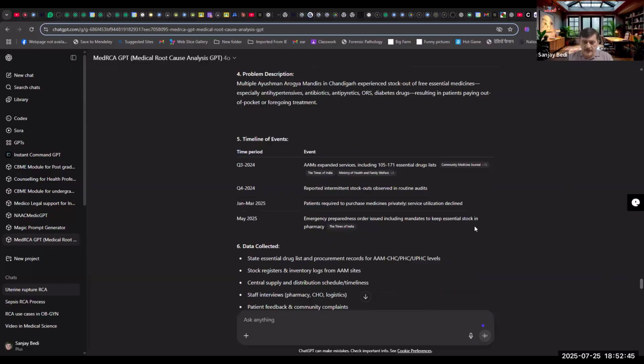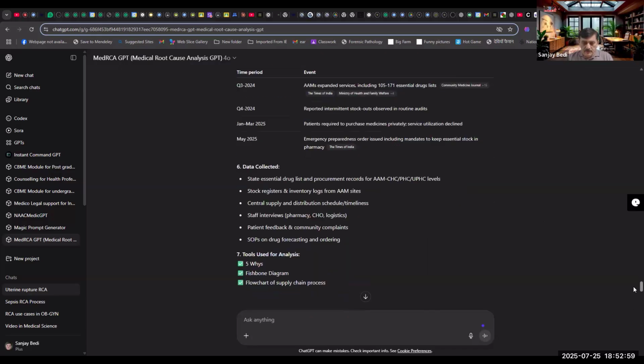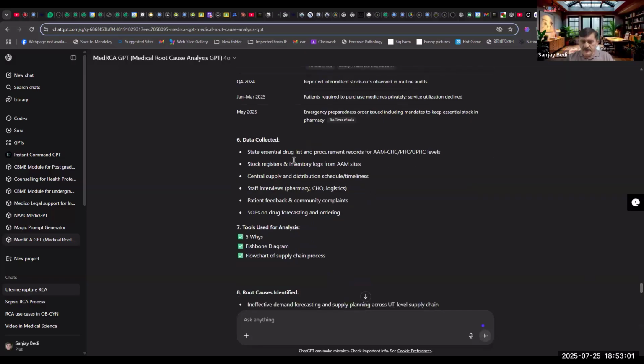And the time period is the fourth quarter, January to March 2025 and May 2025. Data collected: the state essential drug list, procurement records, stock registers, central supply, distribution schedules, staff interviews, patient feedback, SOPs on drug forecasting.